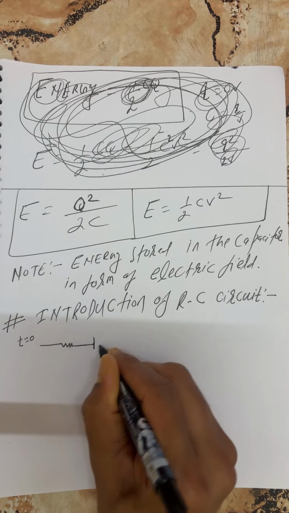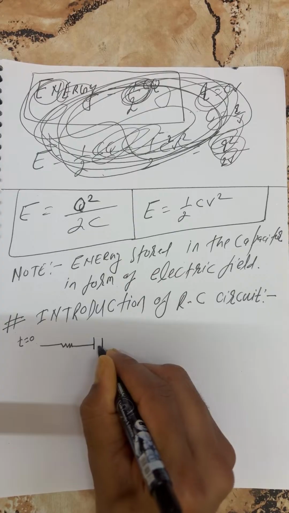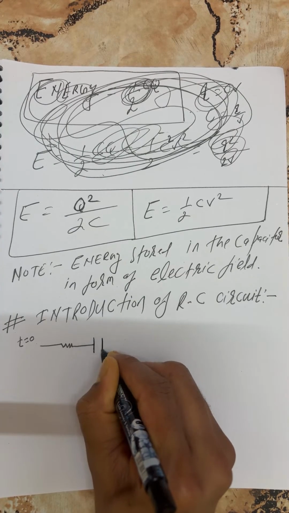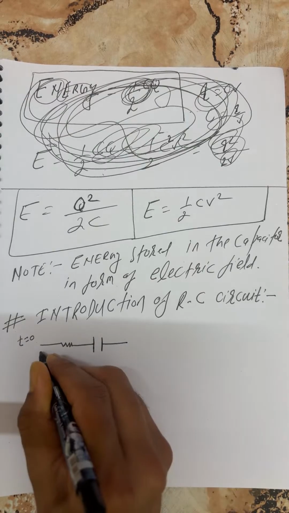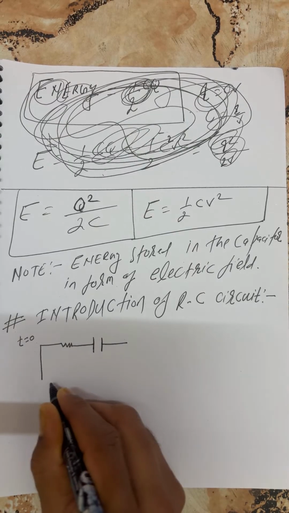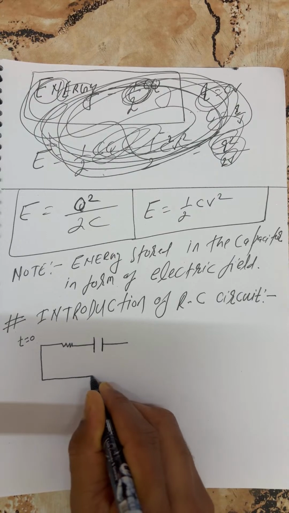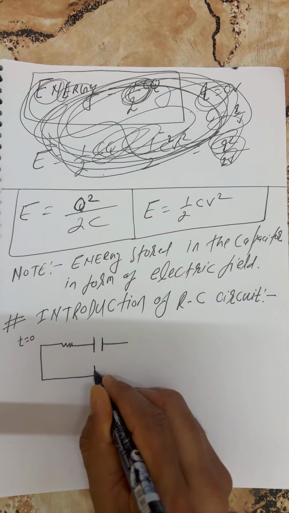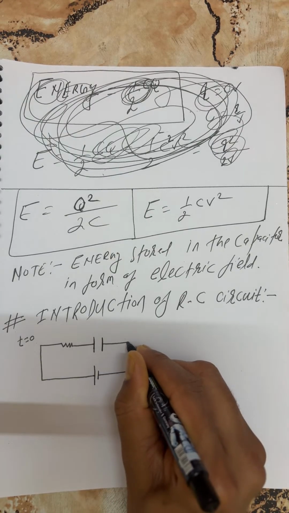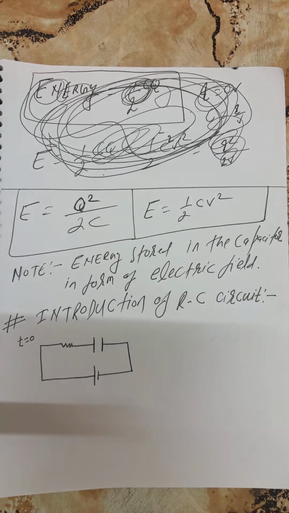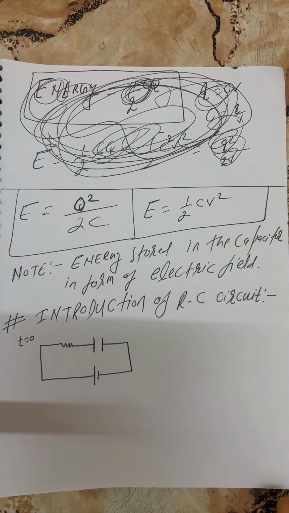Now I'm going to connect it with an uncharged capacitor. Keep in your mind, an uncharged capacitor. Beta, both R and C, the circuit elements, I'm connecting with a DC source. Keep in mind, a very interesting class here.